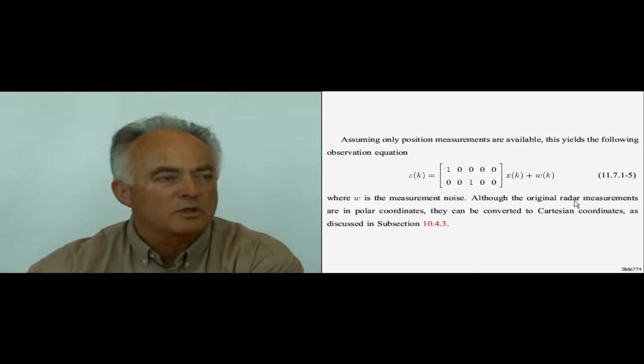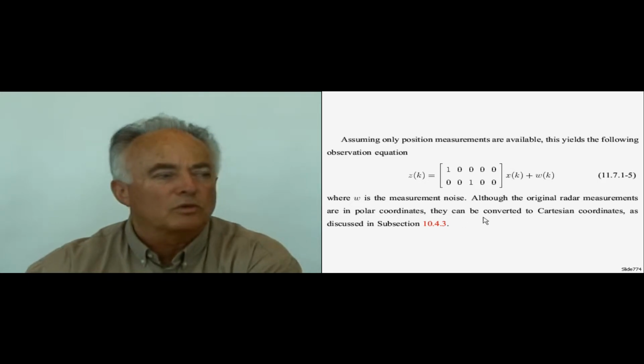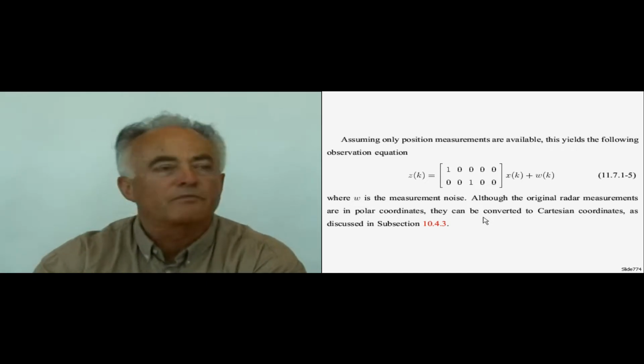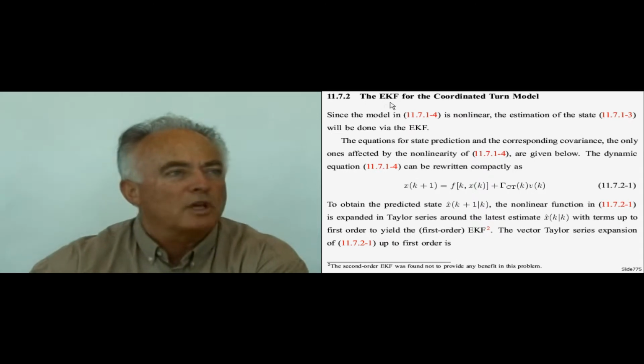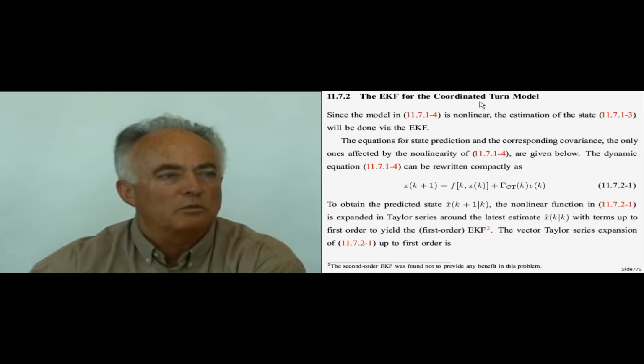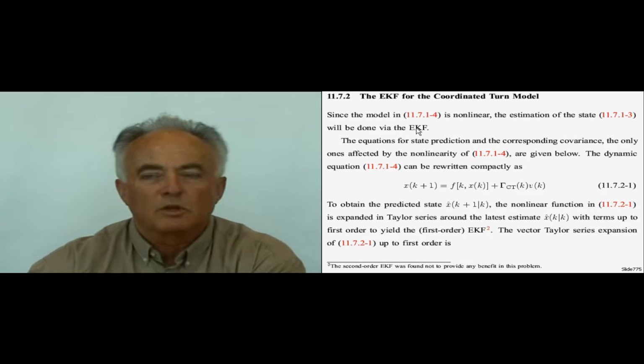Typically, radar measurements are made in polar coordinates, but they can be converted, as discussed, under pretty much all practical circumstances into Cartesian; in some cases you don't need debiasing, sometimes you will need debiasing. Now, how do we handle the coordinated turn model, which is a nonlinear model? We have to use an EKF. There's no way to get around it here.